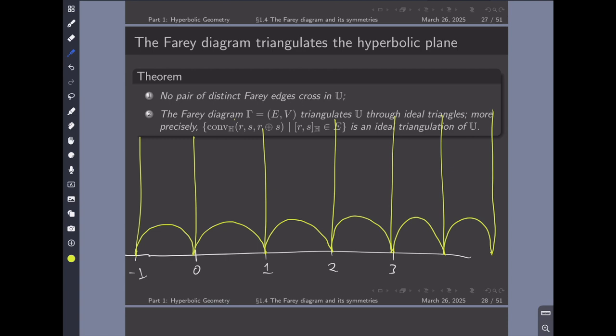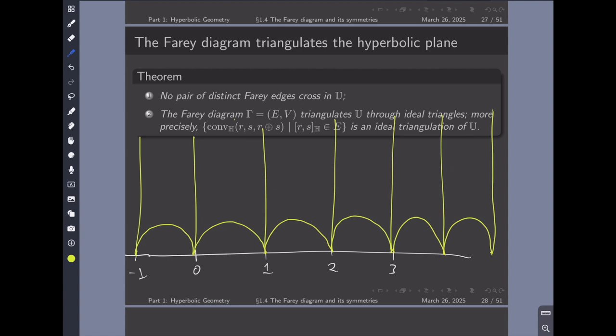That the complement of the Farey edges is a triangulation in the sense that each connected component is an ideal triangle.